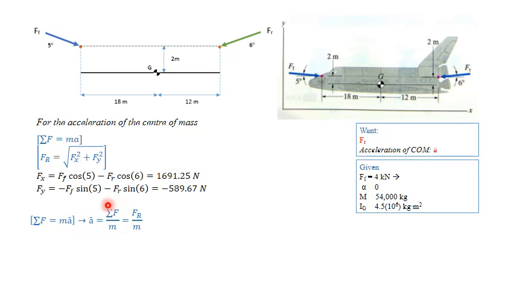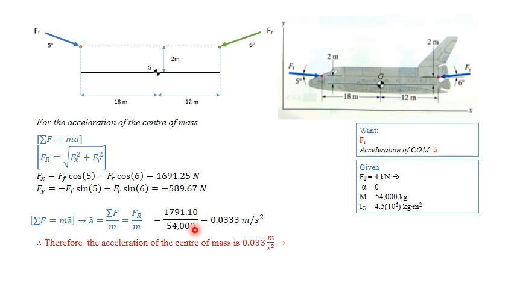The acceleration of the center of mass is equal to the resultant force over the mass of the object. The resultant force is determined to be 1791.10 newtons. That's simply using this equation over here, and we know the mass is 54,000 kilograms. So therefore, the acceleration of center of mass is going to be 0.033 meters per second squared.